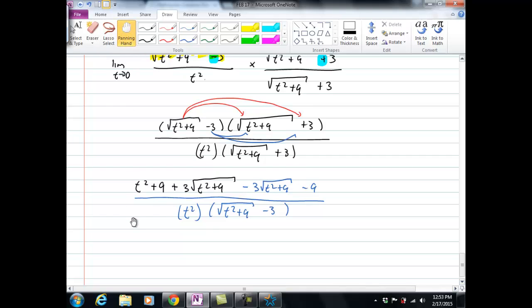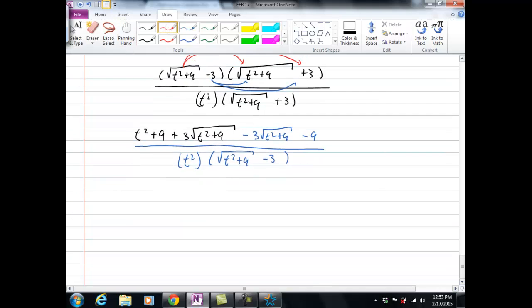Okay. I see things that, hey, look, I can cancel a lot of things out. Plus 3 minus 3, that's gone. Plus 9 minus 9, that's gone. So what I'm really left with is t squared over t squared times the square root of t squared plus 9 plus 3. Is it plus 3?